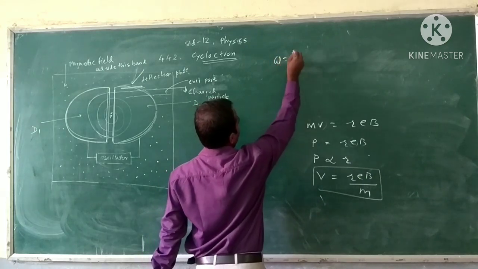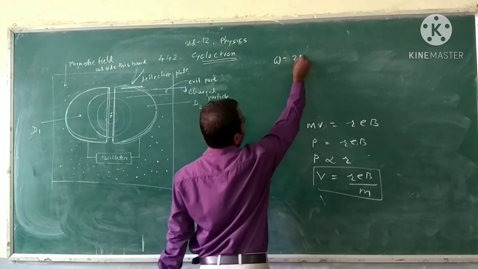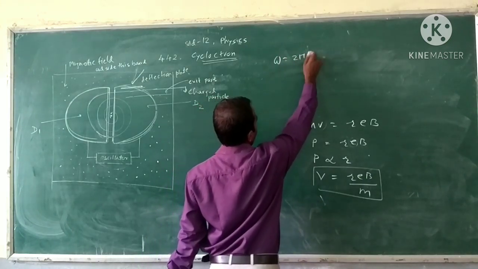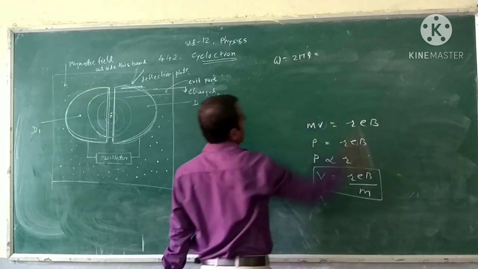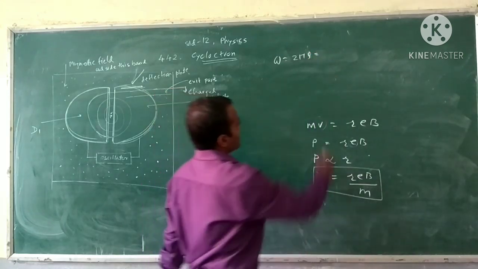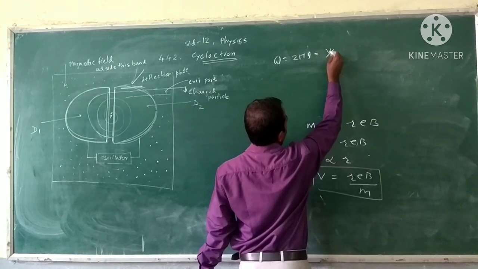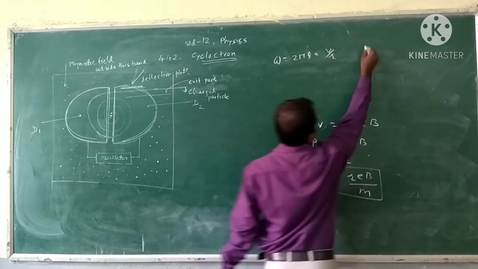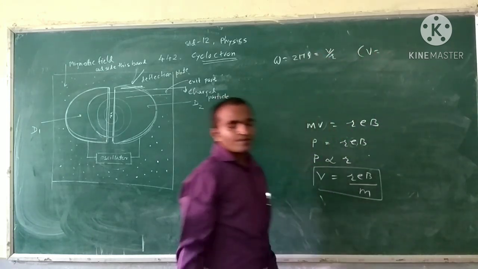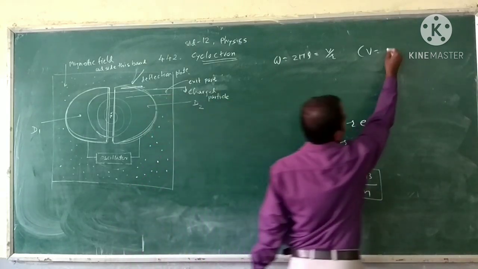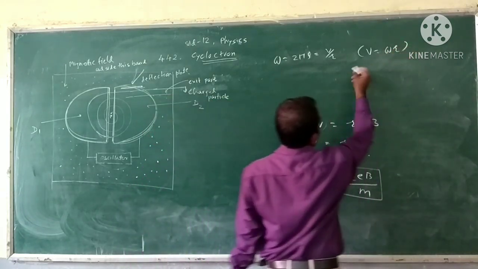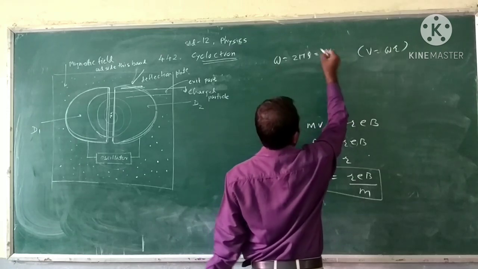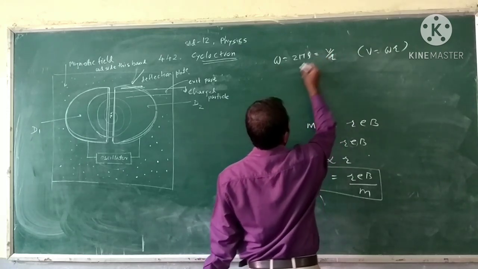Because we know angular velocity omega is equal to 2 pi f, and omega is equal to v by r, or you know very well v is equal to omega r. So omega is equal to v by r.